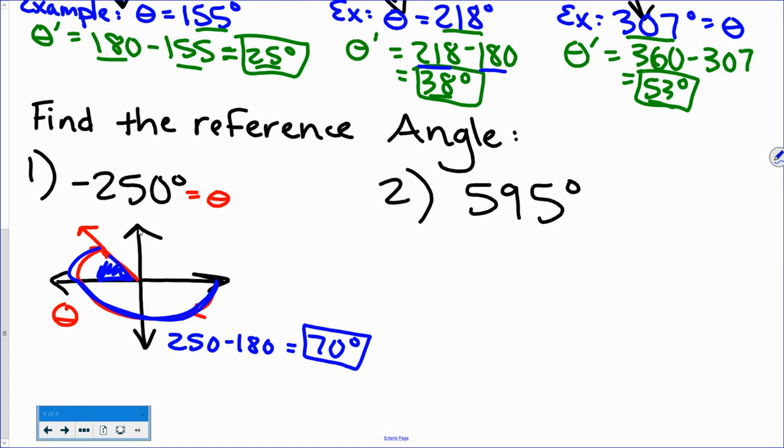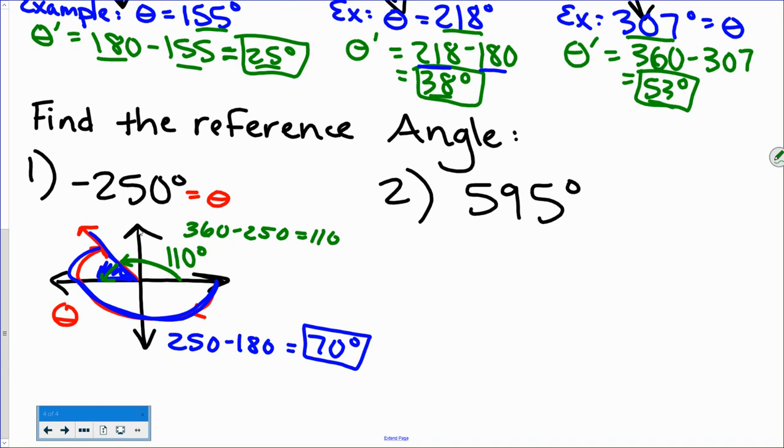That would be a way to come up with it. Some students like to go the other way, and think about what's left here. If I take 360 minus 250, that would be 110 degrees, and then I have 70 degrees remaining to get to 180, would be another way to think about it. So up to you how you come up with that.